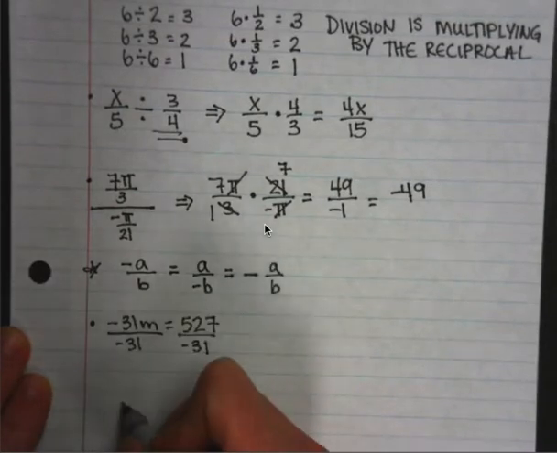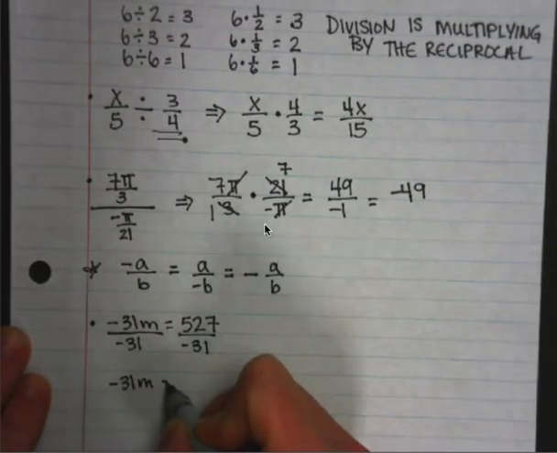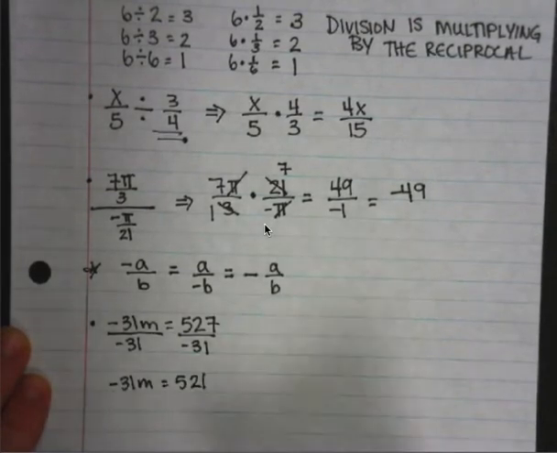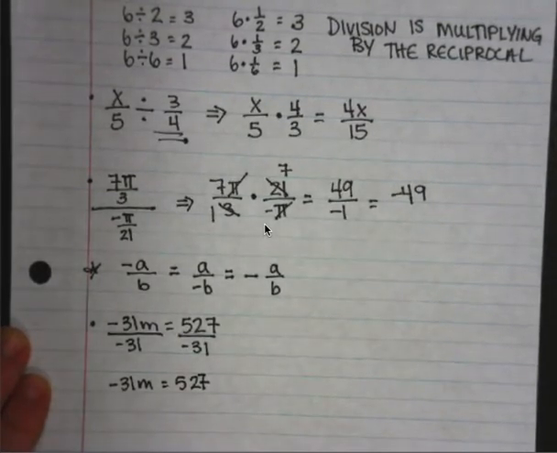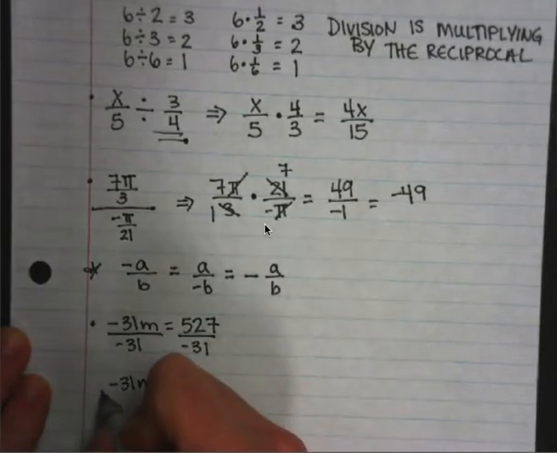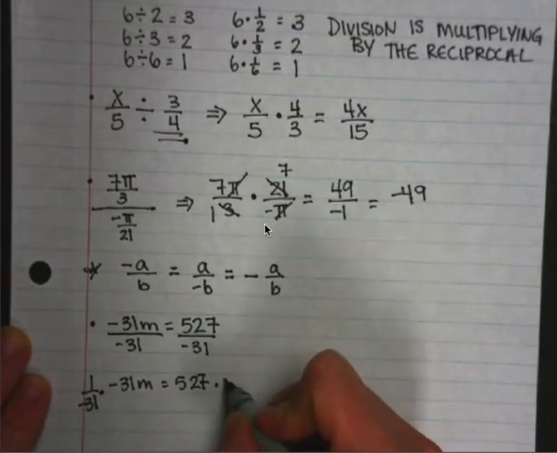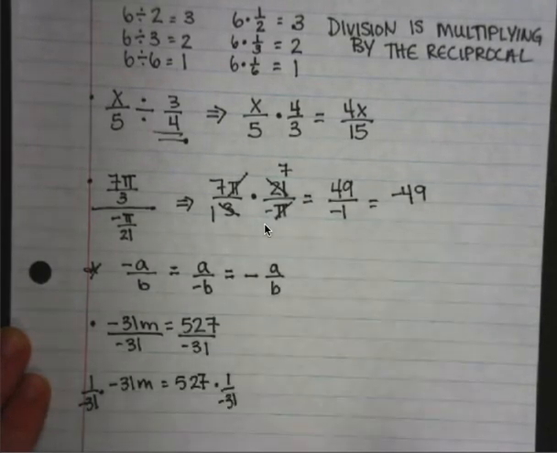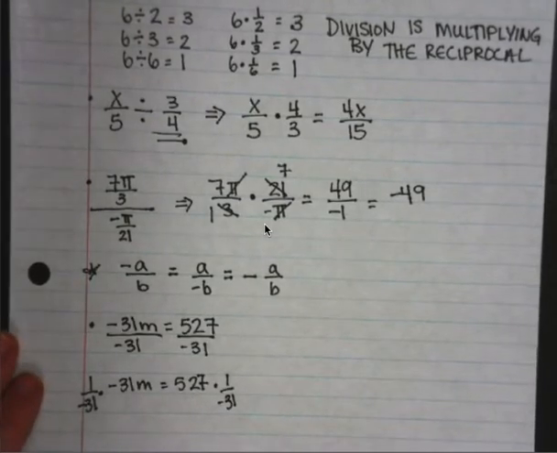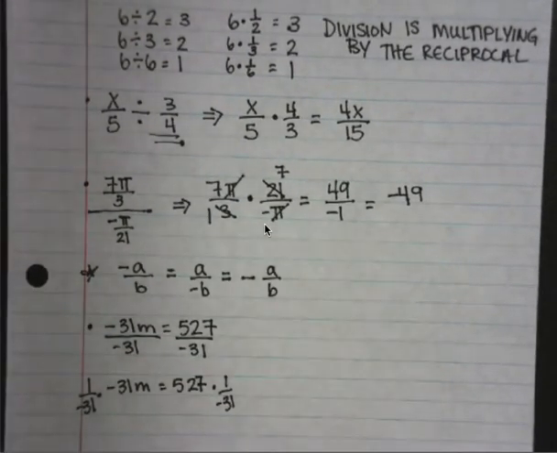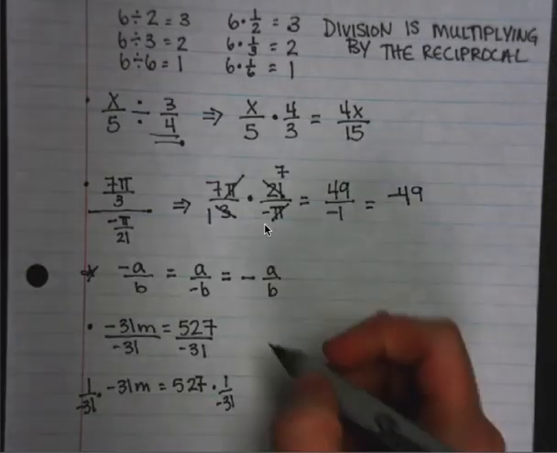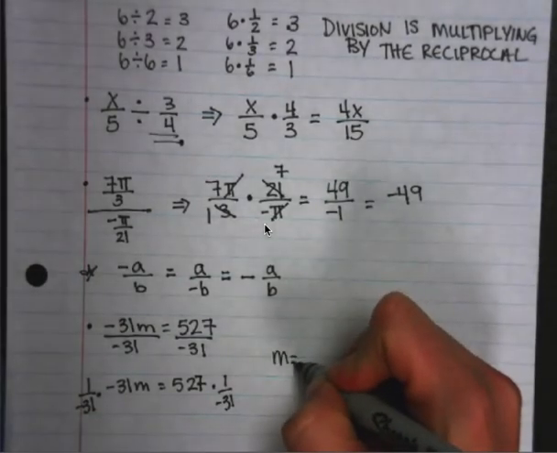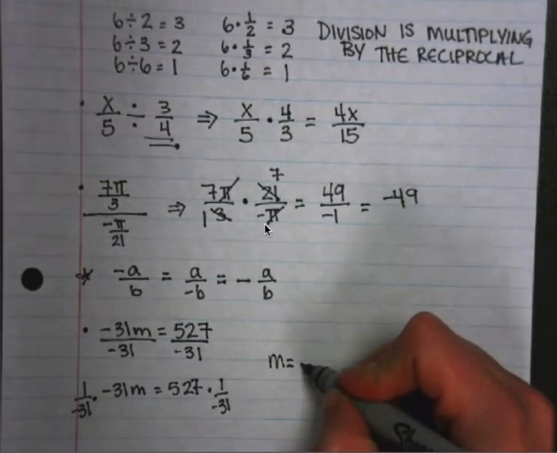The other option is we know that we can multiply by the reciprocal, so I could multiply by negative 1 over 31. Go ahead, calculate that. And you should end up with, whichever way you did this, m is equal to negative 17.